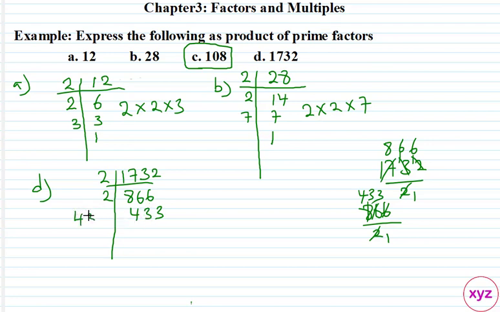So I'll write my 433. So 1,732 as a product of prime factors will be 2 times 2 times 433. That is how we express numbers as products of prime factors.